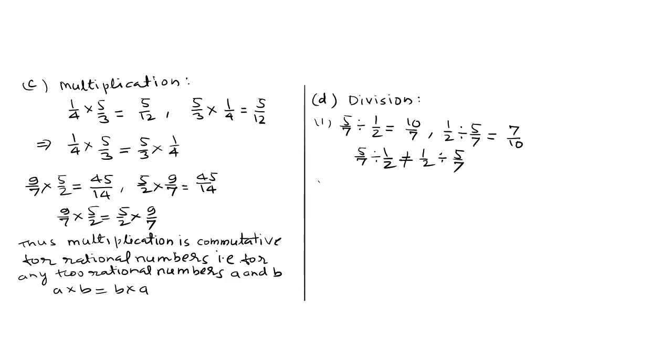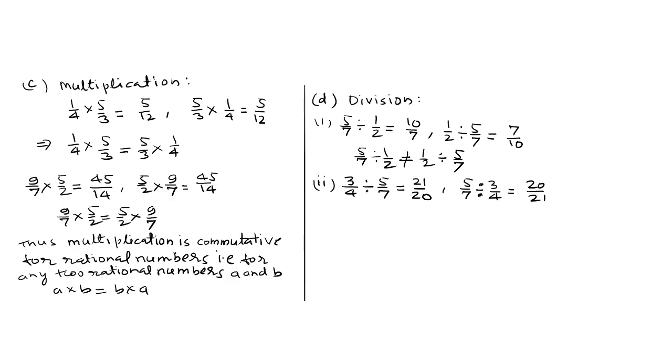We go to another example to prove the same. 3 upon 4 divided by 5 upon 7 gives us 21 upon 20. And now we change their order. 5 upon 7 divided by 3 upon 4. On solving we get 20 upon 21.